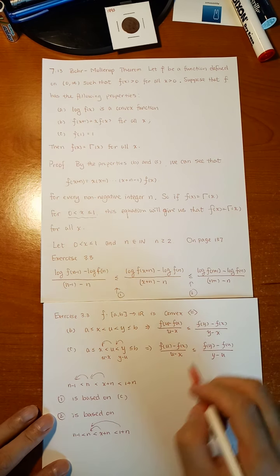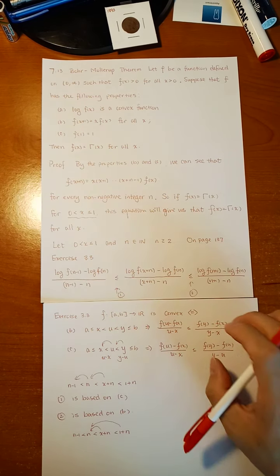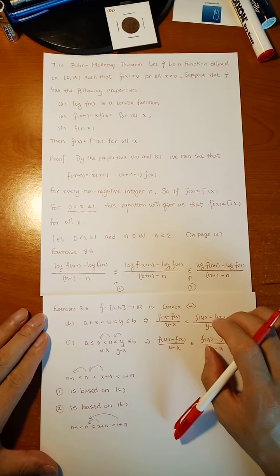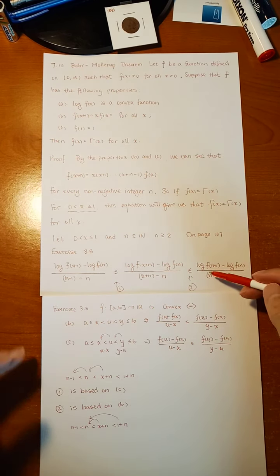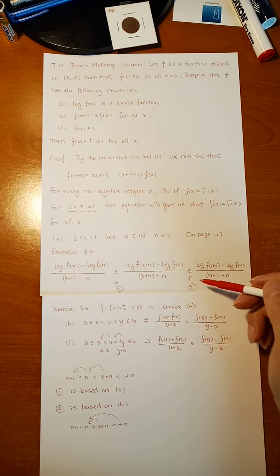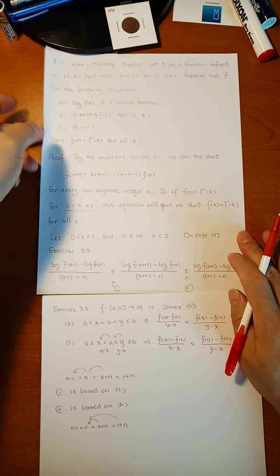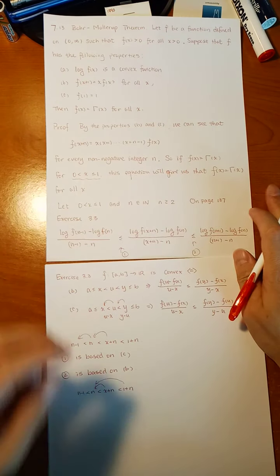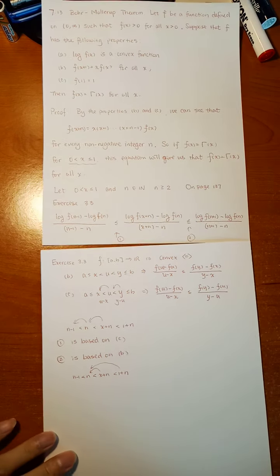See, that's exactly B. It's based on B. So if you prove this exercise 3.3, you just apply it to this situation. You will get this chain of inequalities. Those two inequalities are based on B and C separately. They're different. Okay, very good.